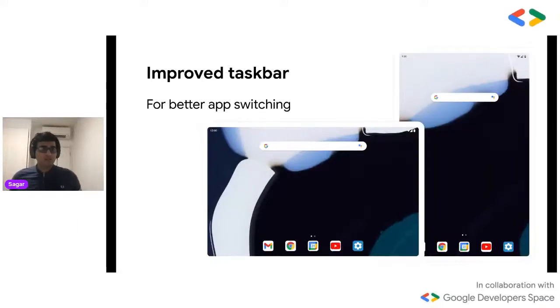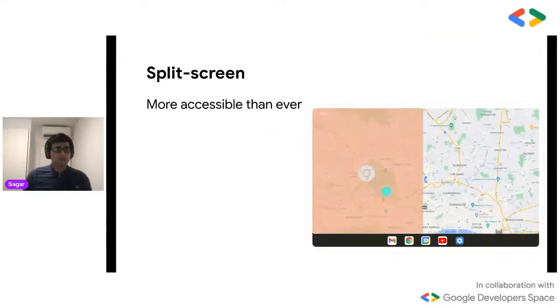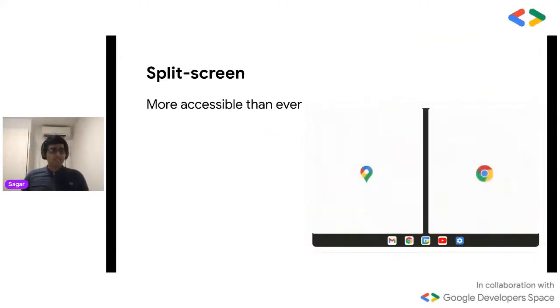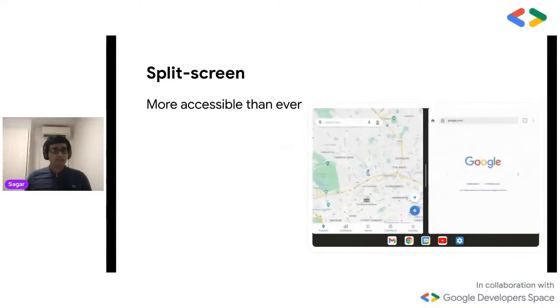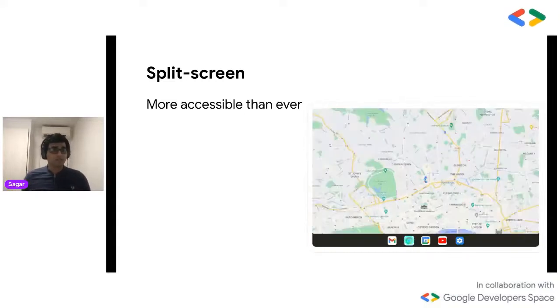To enable this, we improved the taskbar, which makes it easier to support multitasking. It simplifies switching between the apps and navigating back and forth to the screen. So imagine on a large screen, the app bar makes it easy to drag apps in a split screen or multiple window mode.